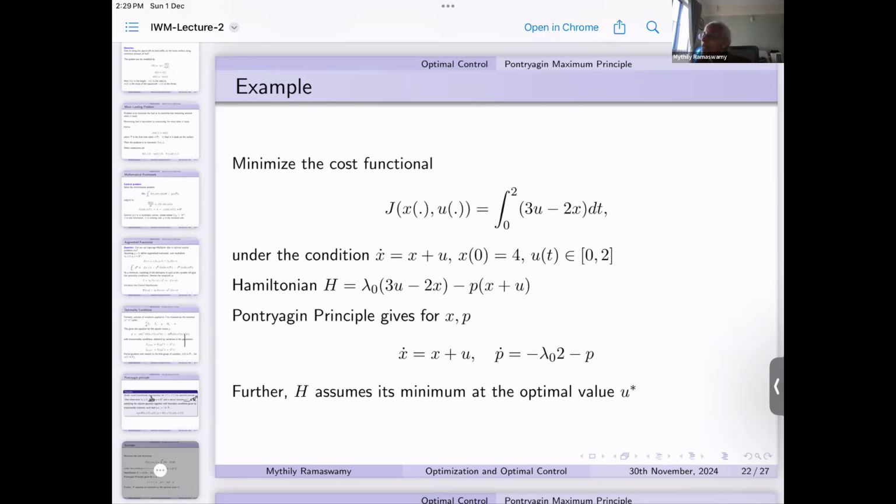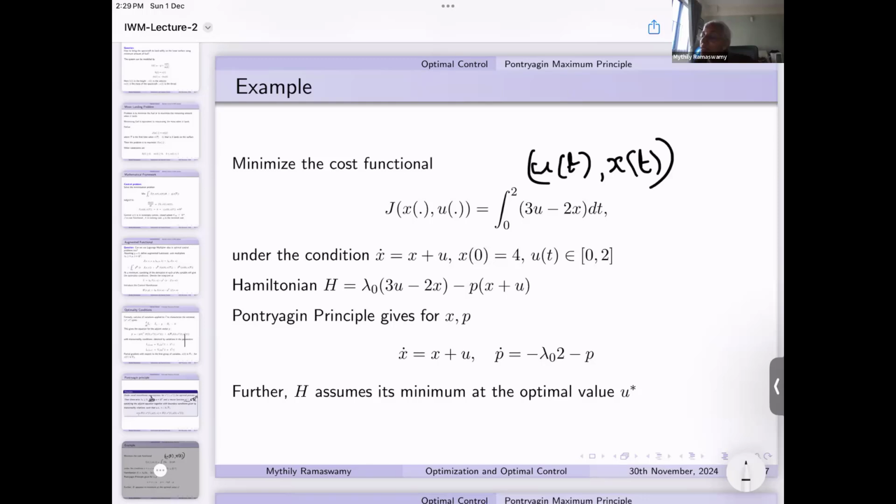Let's say it is the integral of 3u(t) minus 2x(t) dt. So u is really a function of t and x is a function of t, and you integrate the whole thing with respect to t from 0 to 2.